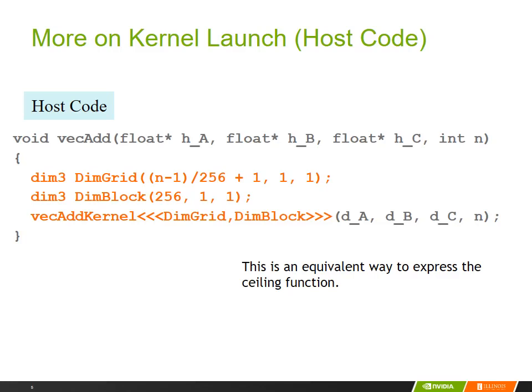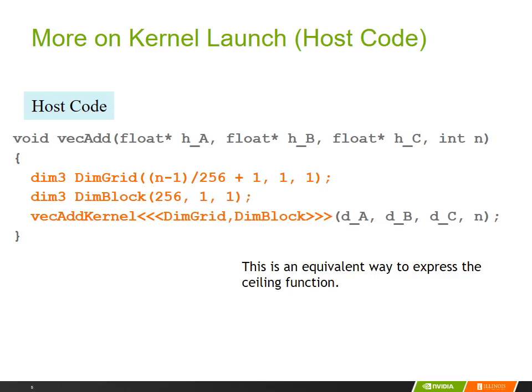So here we show an equivalent way to express the ceiling function, which is you can take an integer n and subtract that value by 1 and divide by the 256 in this case, or whatever number of threads you would like to have in a thread block. And then you take the quotient and then you plus 1.